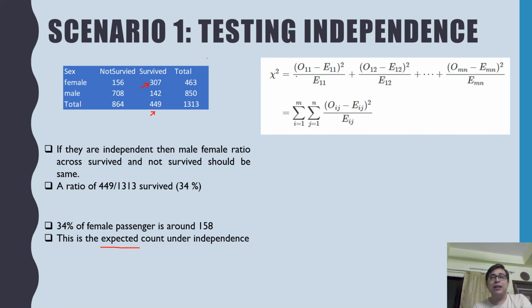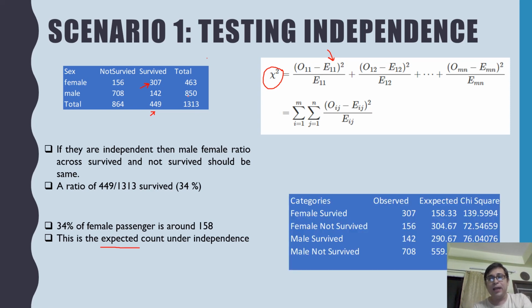And now we find the chi-square statistic. So how do we calculate the chi-square statistic? Whatever you get from the data, you call it observed, and whatever you calculate under the assumption of independence is your expected count. So you find the difference, take a square and divide it by the expected count. If I do the calculation for this particular one, I will land up with a calculation like this.